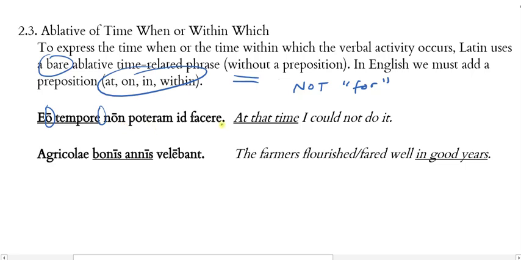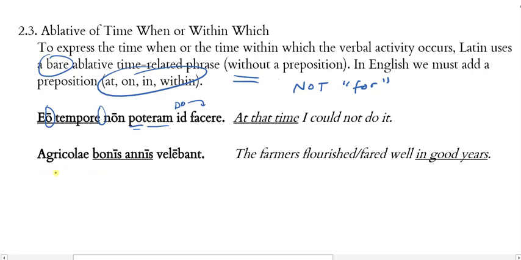And then I was not able to do, and id is another pronoun here functioning as the direct object of that infinitive. I was not able to do it, or I could not do it. This is our possum, posse word, possum, and eram is the imperfect of sum. So possum is from potsum, and pot is the real prefix there.